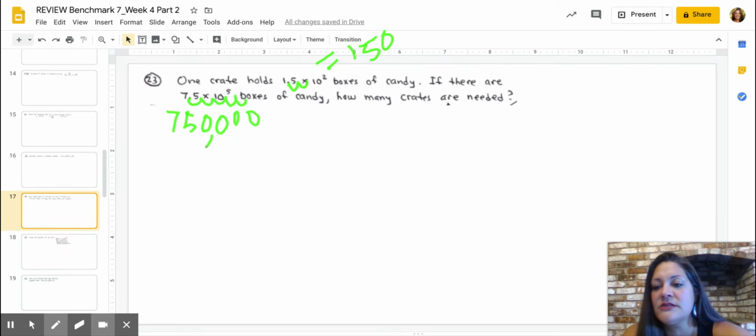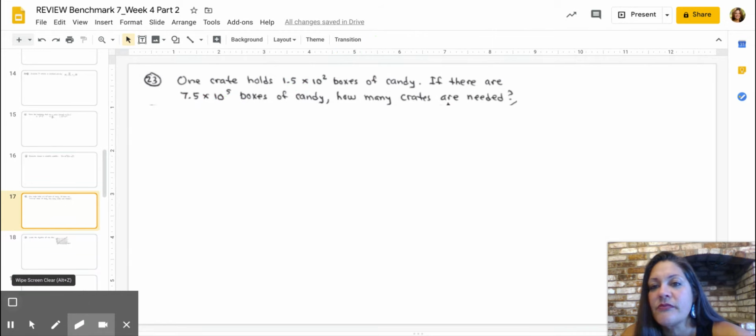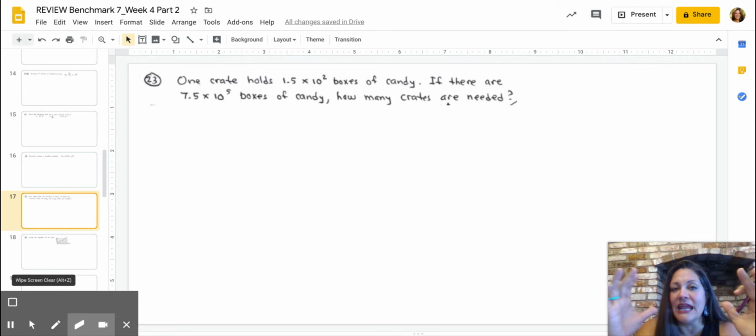Okay, so let's solve this. One crate holds 1.5 times 10 squared. Okay, so that's for one crate. But we have 7.5 times 10 to the 5th. So what we need to do is divide the amount of candy we have by how much goes in each crate, and that's going to tell us how many crates we need.